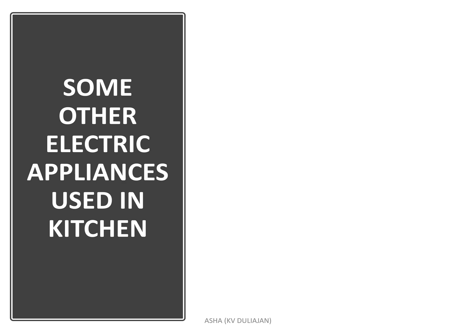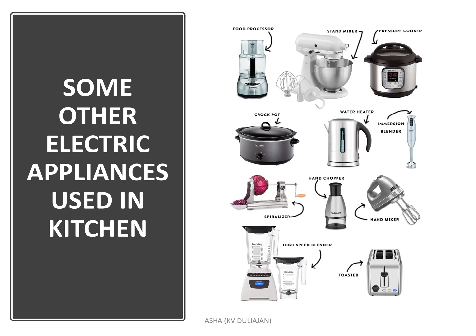Let's see some other electric appliances used in kitchen. These are different electric appliances we used in our kitchen like toaster, water heater, food processor, pressure cooker, stand mixer and many more.